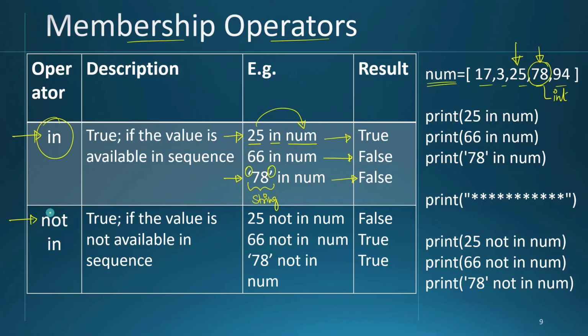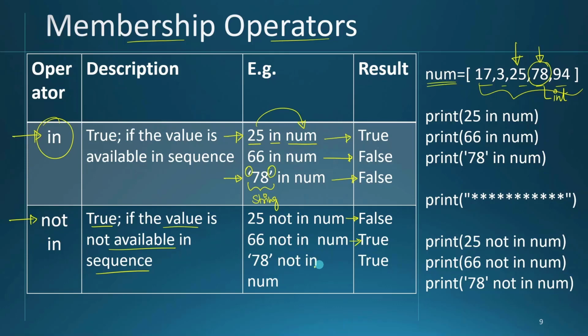Now not in is the inverse logic of the in operator. It will return true if the value is not available inside the sequence. So if I check whether 25 is not in num, this will give false. Why? Because 25 is actually available inside the list. Now 66 not in num, this is true because 66 is not available inside num.